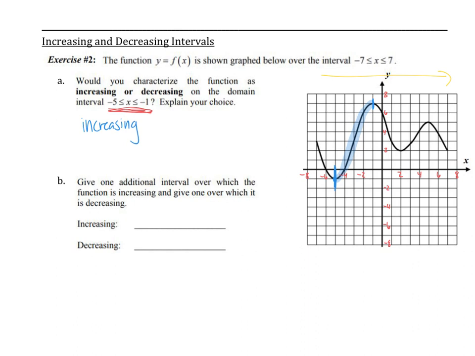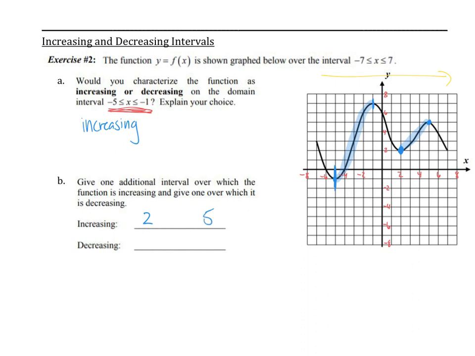For part B, it says give one additional interval over which the function is increasing and give one over which it is decreasing. So let's start with increasing. I should see on the graph, it's also increasing right here, going up. So that's going to start at 2, and it's going to end the increasing at 5.